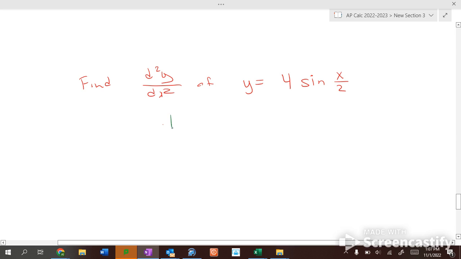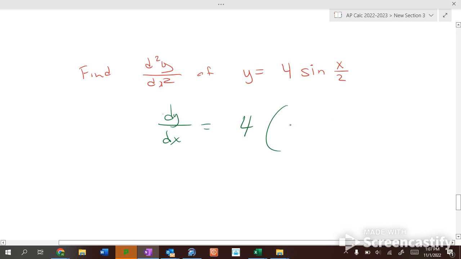All right, second derivative of this. What's the first derivative of this? 4 times 1 over, wait, no, that's a normal sine, isn't it? Yeah, times the cosine of x over 2 times the first derivative of that, which is 1/2, right?